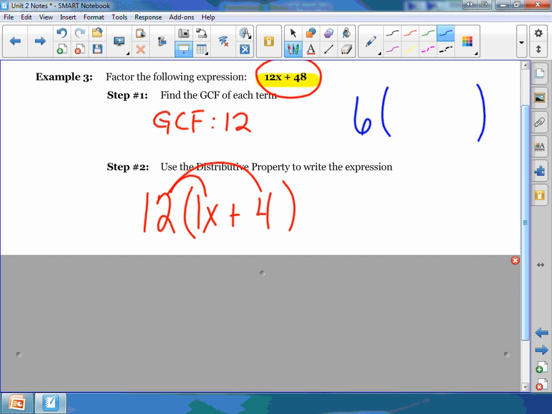Well, for that group, what do they have in their rows? Can you figure out how much would be in each row? If you can figure this out, you're in very good shape. If you're not sure, pay attention. You'll probably get it on the next couple that we do. 6 groups of, what do you think, Lauren? 2x plus 8.